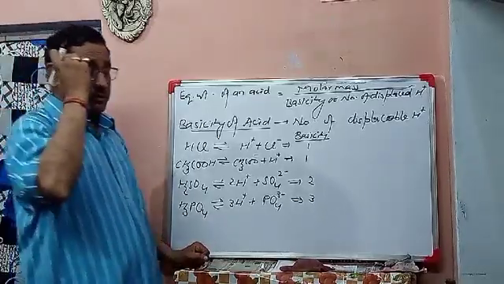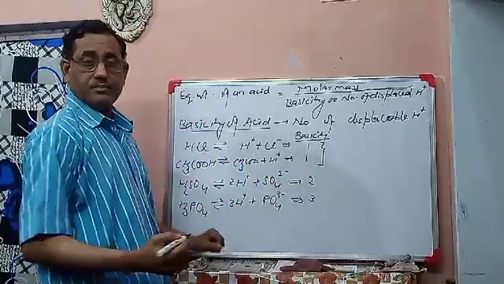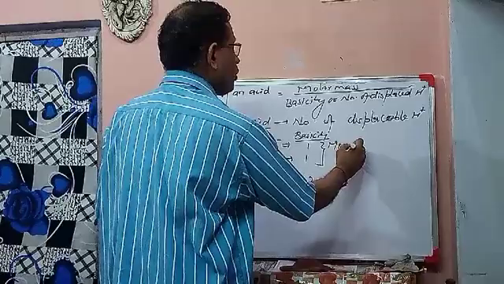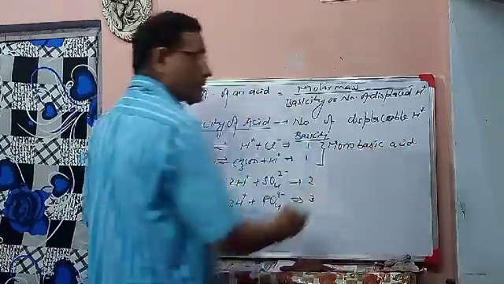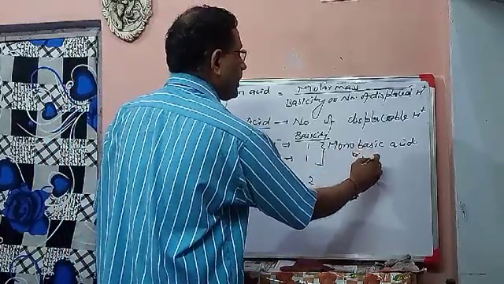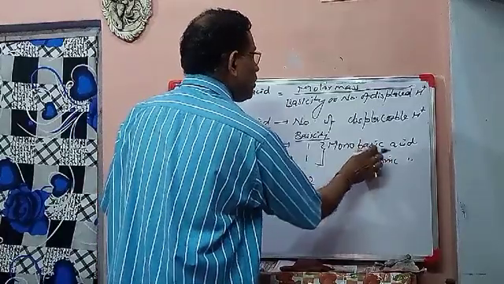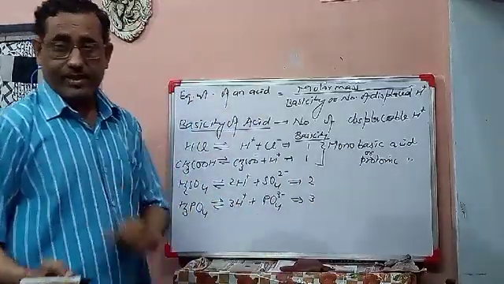One thing to remember: if basicity is 1 for an acid, then it is called monobasic acid or monoprotic acid.